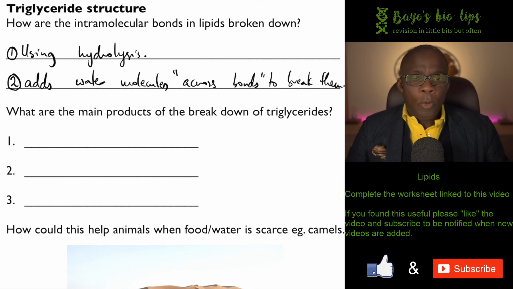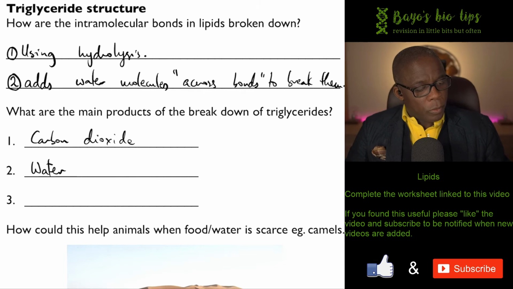Okay, so what are the main products of the complete breakdown of triglycerides? The main products would be carbon dioxide, water, and energy.